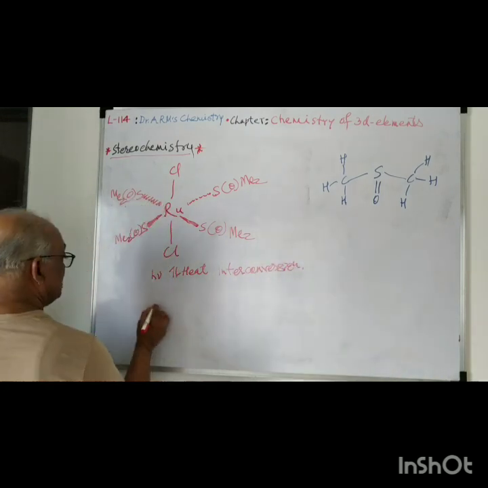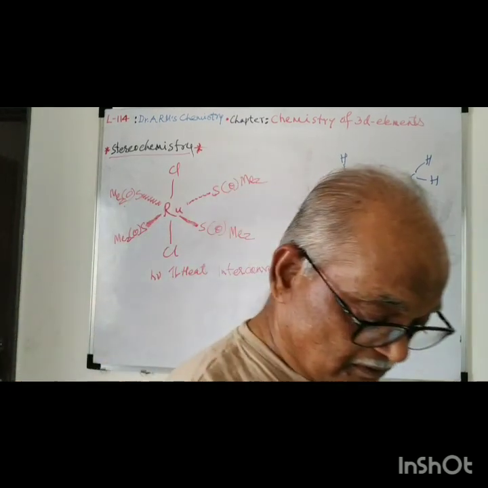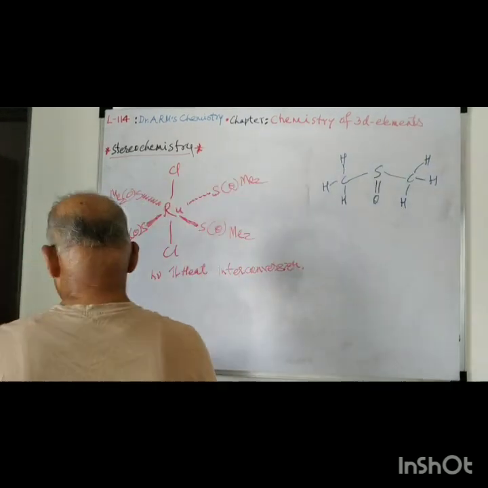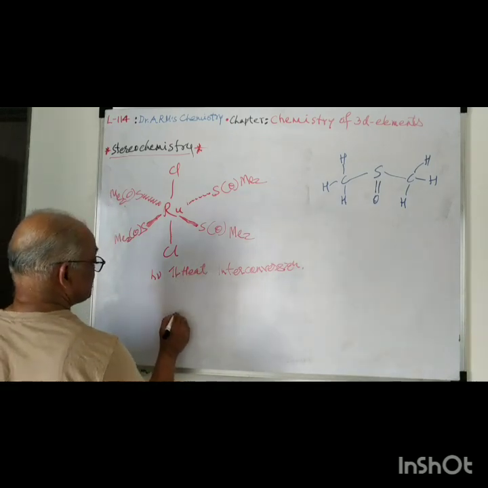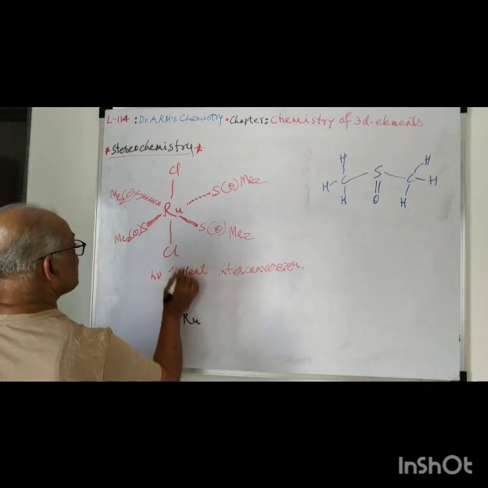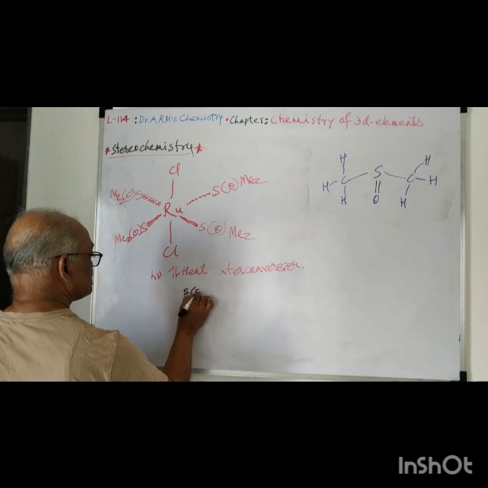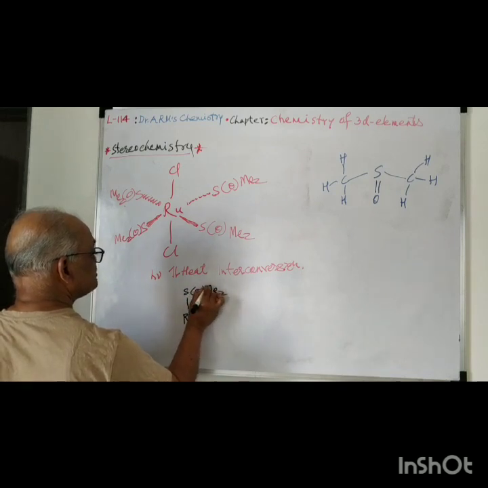giving us another complex of ruthenium. Here you will find that one Cl is replaced by SOMe2.